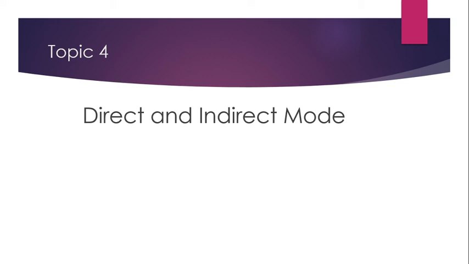To execute that, we have to write the run command or F2 command. Direct mode is the one in which we will get the result, and indirect mode is the one in which we will write all the instructions, and then we will go for the direct mode, the result mode.